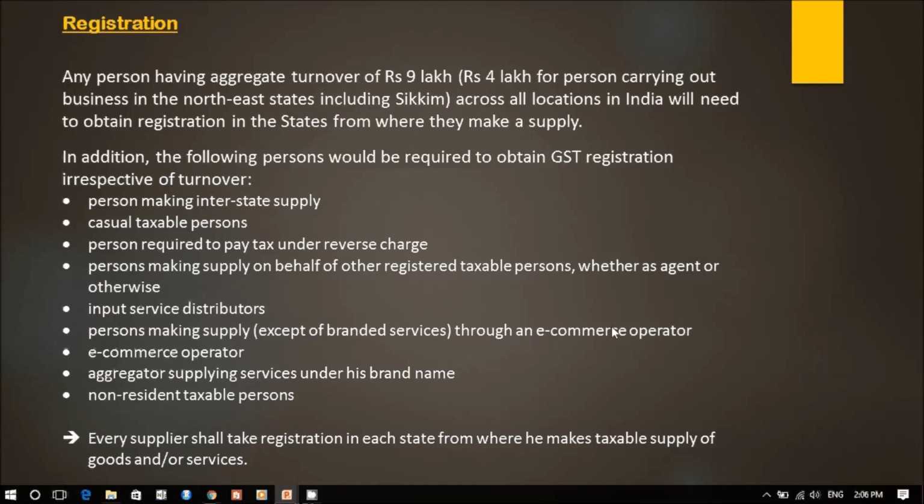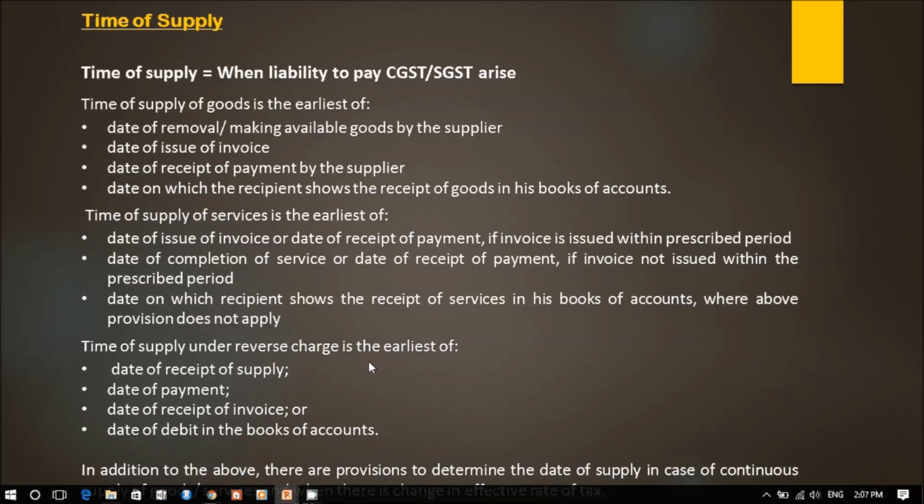Aggregator supplying service under GST, aggregator supplying service under his brand name. If an aggregator is supplying services under his own brand name, then he has to mandatorily take the registration irrespective of the turnover thresholds, and the non-resident taxable person also has to take the registration.